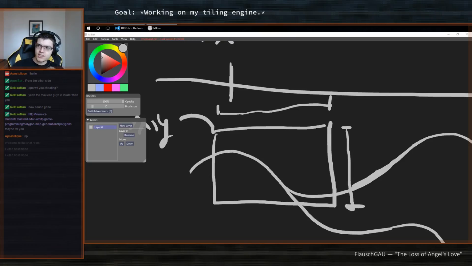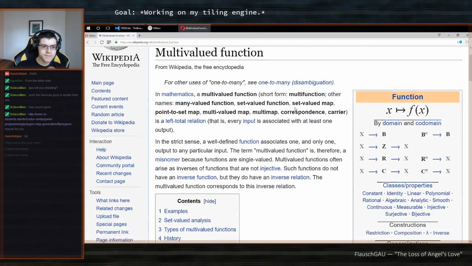I wonder if there's such a thing as a multi-valued function or something, where given a single x I get many different y's. What is that?